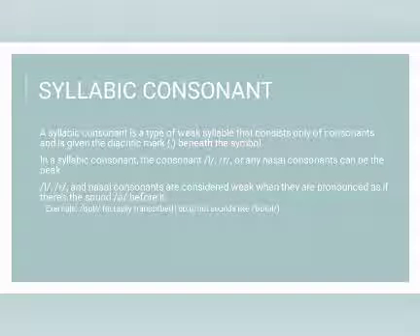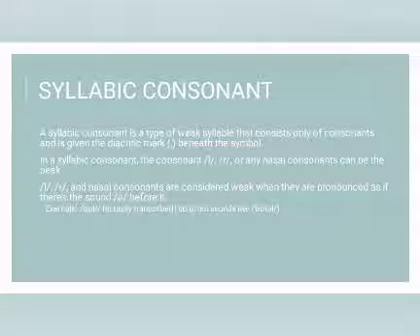A moment ago, we learned about polysyllabic words. Now, we will learn about syllabic consonants. A syllabic consonant is a type of weak syllable that consists only of consonants and is given the diacritic mark or comma beneath the symbol.